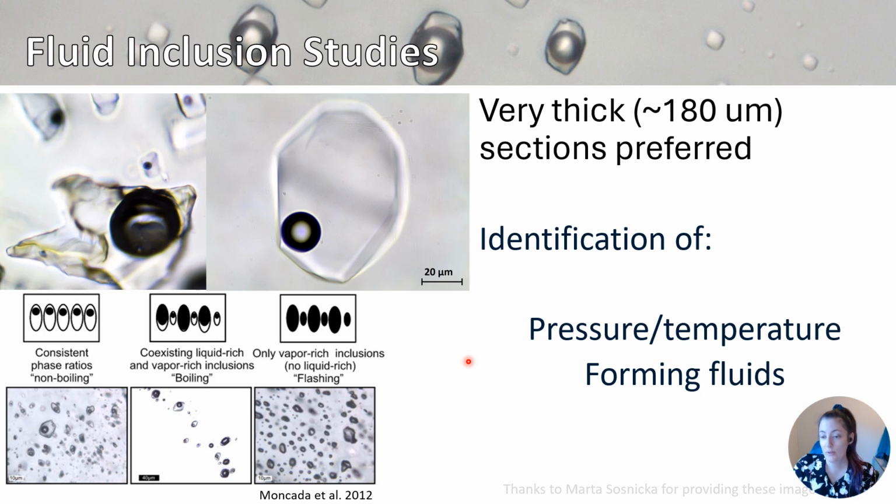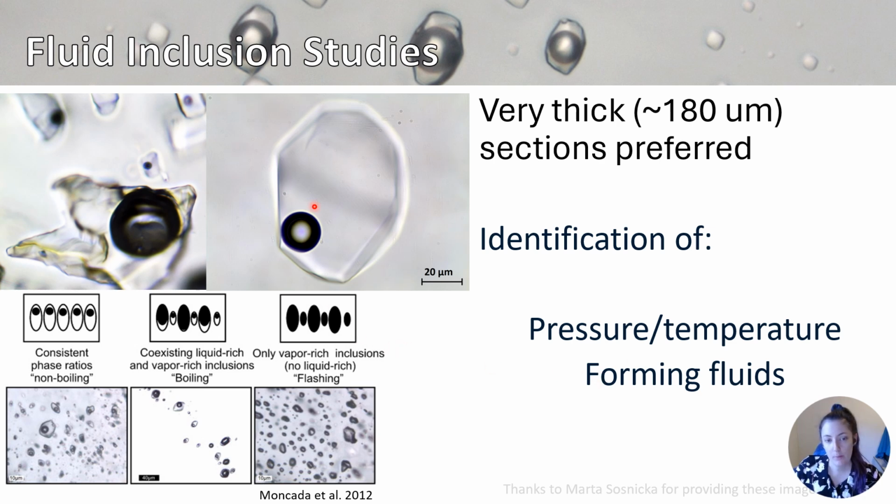We can also do fluid inclusion studies using optical microscopy. For this application, we usually use thicker thin sections. So usually the rock is about 180 microns thick. This just allows us to observe a larger volume of the fluid inclusions. This allows us to look at the pressure and temperature of the formation of these rocks, and also gives us a little bit of information about the ore forming fluid in a lot of cases.